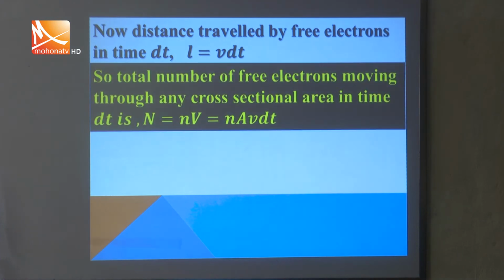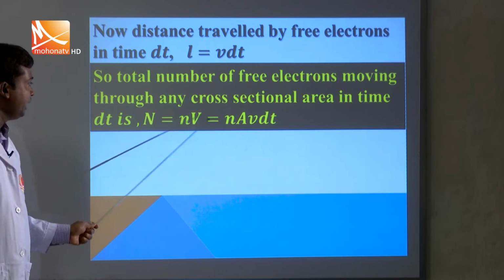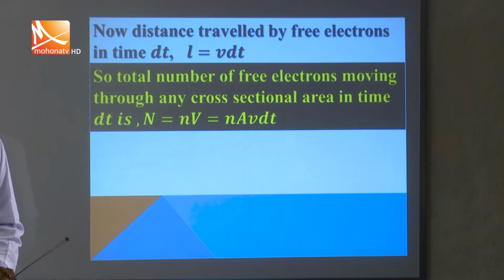Now, how many electrons will flow within this small time? If we consider N is the total number of electrons in the conductor, then N equals small n multiplied by V, where V is the volume of the conductor.